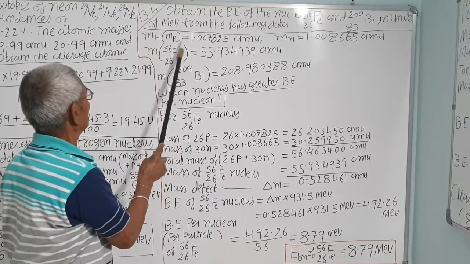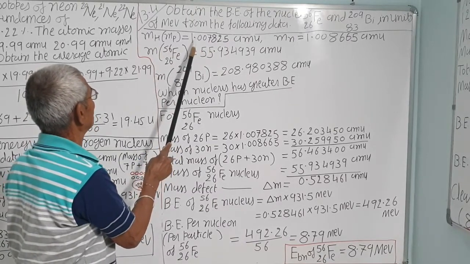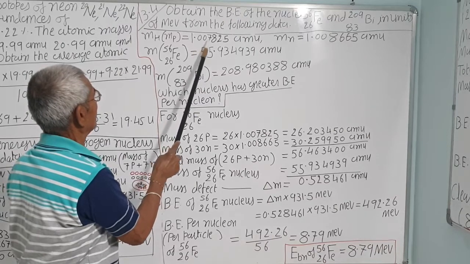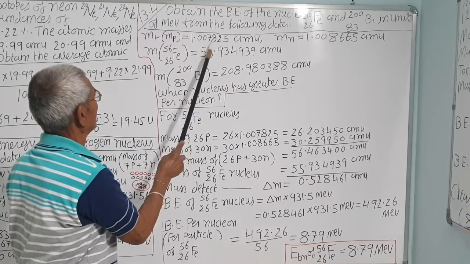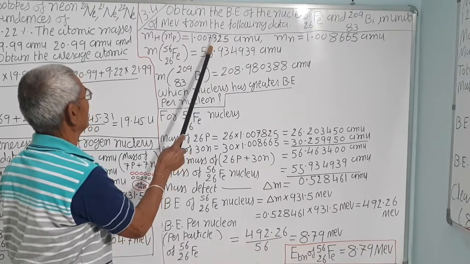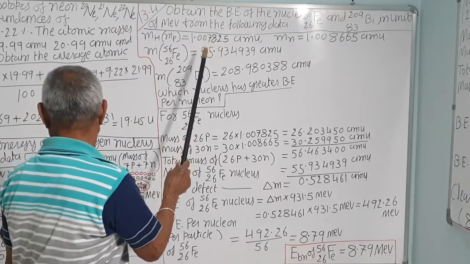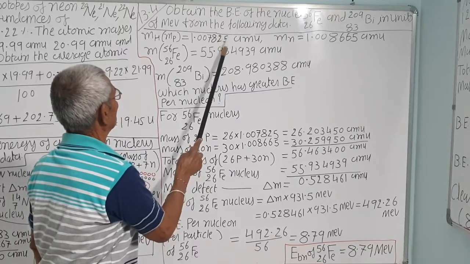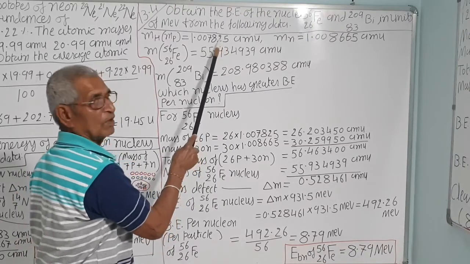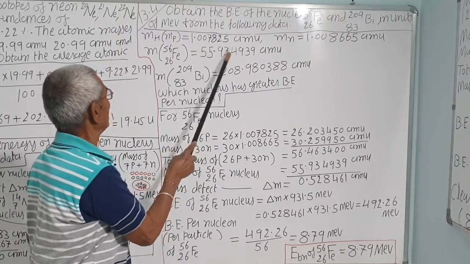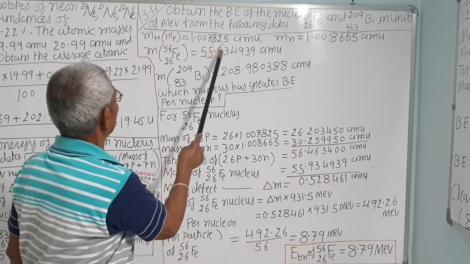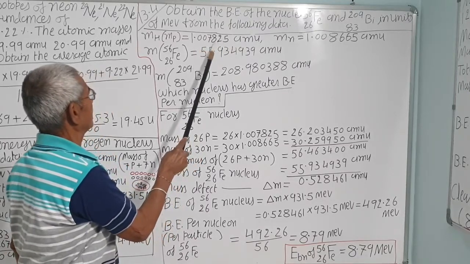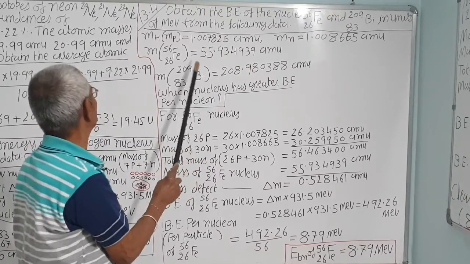Mass of the proton, that is hydrogen atom, is equal to 1.007825. In some earlier example, we took 783. In some books it is given like that. This is approximately, you can take this, adding 1 in this digit, that is 3. Here it is given 1.007825. So you will have to take the one which is given.